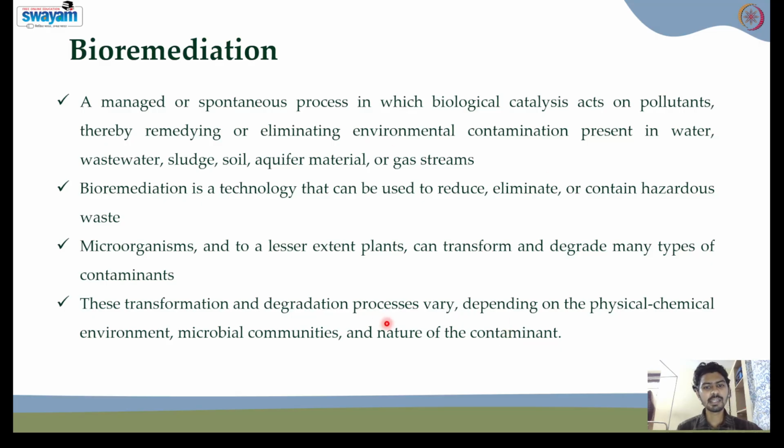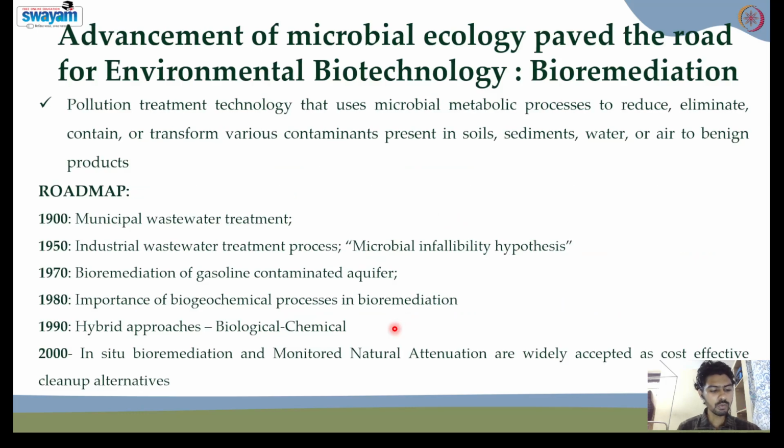So this is the introduction to bioremediation, where we discussed what is bioremediation, how it helps to address the environmental challenges, what are the key players, and what are the factors that affect bioremediation. Now we will see how the evolution of bioremediation takes place in the context of environmental biotechnology.